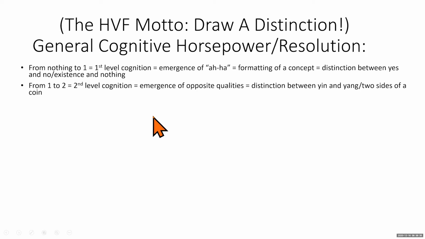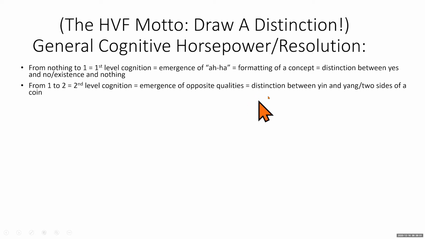And you go up one level, you start developing the concept of two. So from 1 to 2, C.S. Peirce called it firstness and secondness, but simply, I think this second level cognition is the emergence of opposite qualities that we start to acknowledge.